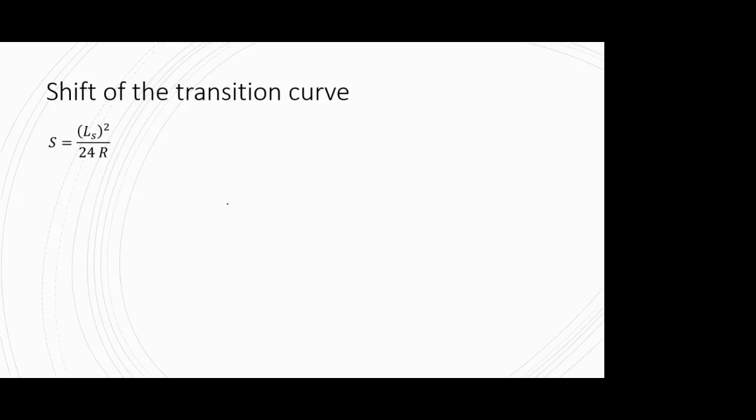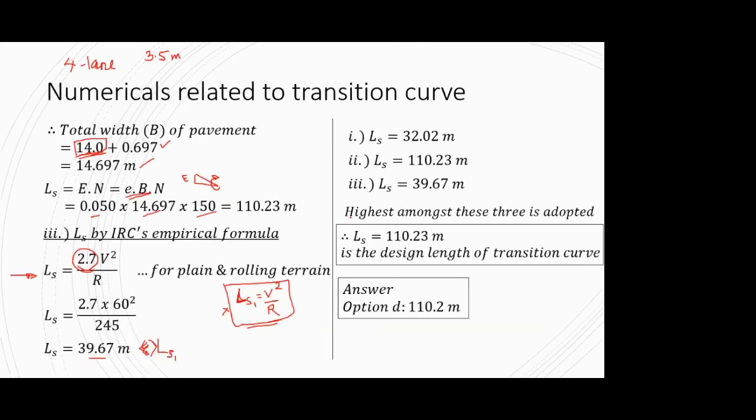If you apply this formula in this numerical, the shift is equal to the length of transition curve square divided by 24R. Again, it's an empirical formula. You have the LS, which will be the one you are adopting, that is in this case 110.2 meter. So 110.2 square upon 24 into R.